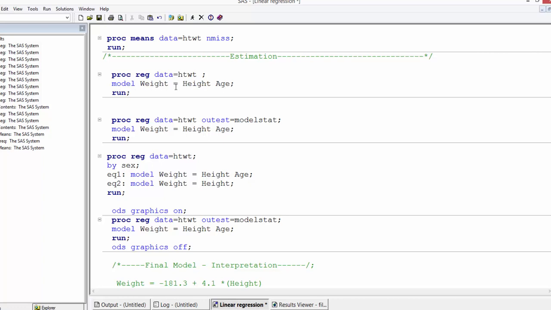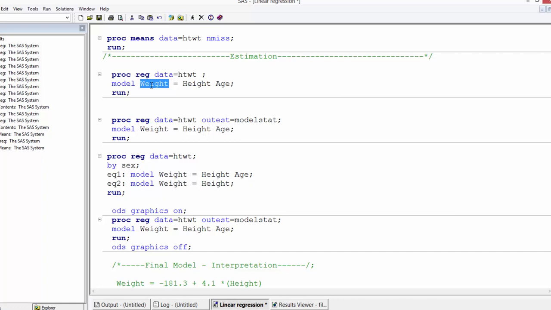On the left hand side of the equation, you have the dependent variable. On the right hand side, you have the independent variables. Okay, so you can have as many independent variables as you wish. What we essentially are trying to find here is an equation which will help us in finding out the weight of an individual given his height and age.